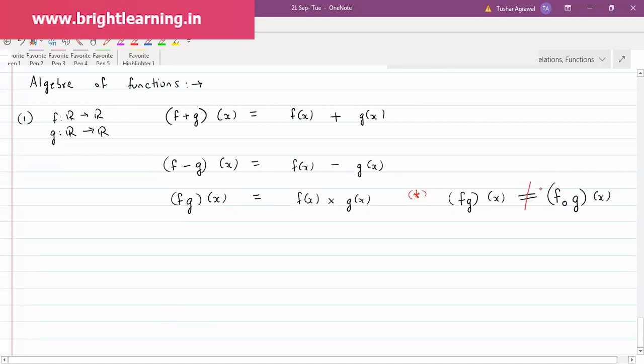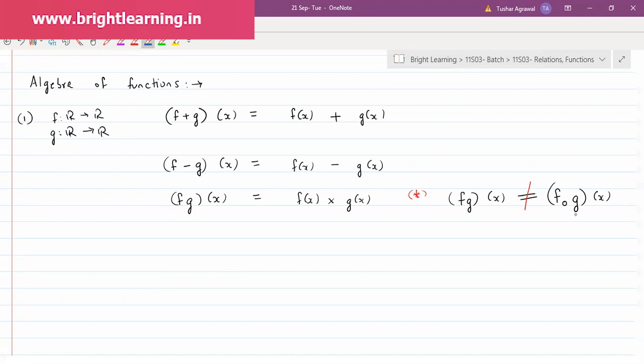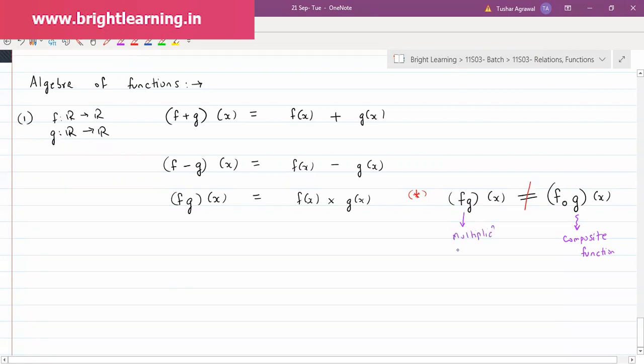They have completely different definitions. This is something called composite functions, function of a function, which you will study in the next class, 12th standard. That is f of g of x, and this is simply multiplication of functions that we are studying right now, f multiplied by g. But they are totally different quantities, so be careful to write here.